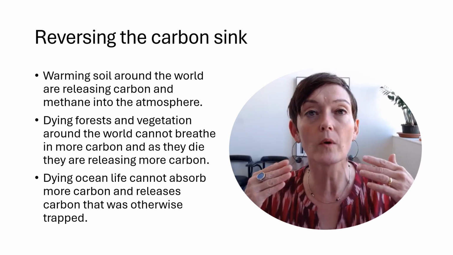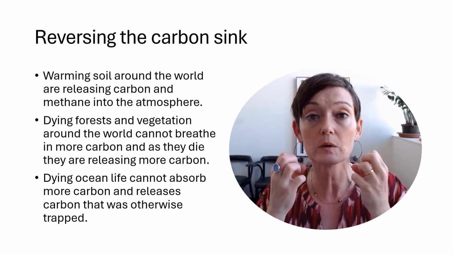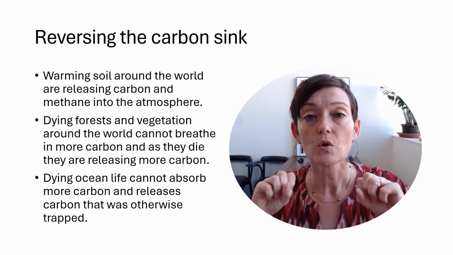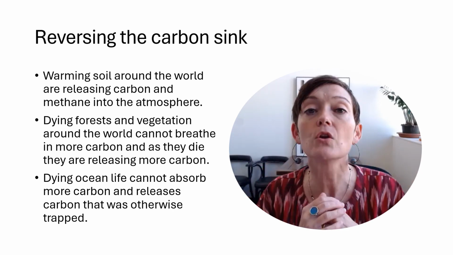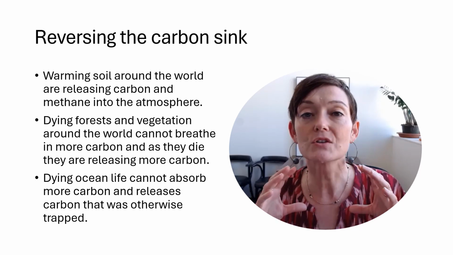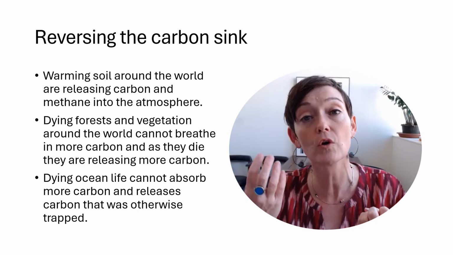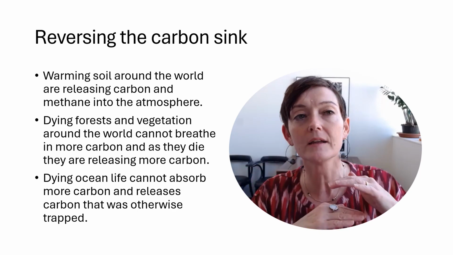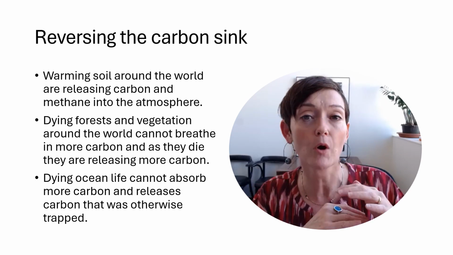So basically, this is where the planet and its ecological systems that normally would suck in forms of carbon, retain them, hold them, and then release them naturally in slow ways over time, when that no longer happens. So as you read in the book, soil is very good at pulling carbon into it in the form of dead plants that basically are kept cool enough in the soil to not decompose.